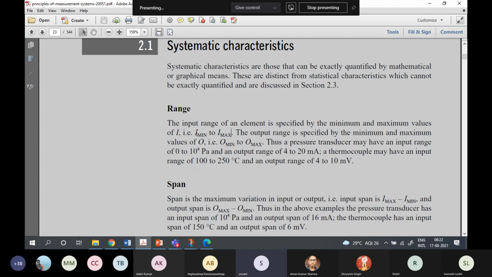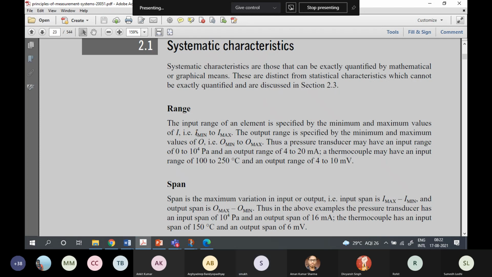Now, when you are measuring 100, 200, 500 degrees centigrade, this plus minus 1 degree error is probably meaningful. It is acceptable. But if you use this sensor, which has an accuracy of plus minus 1 degree centigrade, to measure 10 degree centigrade temperature, then this plus minus 1 degree centigrade error will not be acceptable.